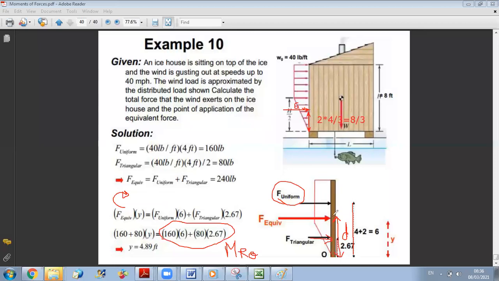If you displace up, it will produce a clockwise moment. So the distance D to move up is such that D times F equivalent should be equal to the resulting moment at O. As we have seen, the equivalent force is 160 plus 80. So I multiply by the distance which I should move the force in order to get the same resulting moment about O. This equation will give me the displacement distance in order to have the same effect about O.